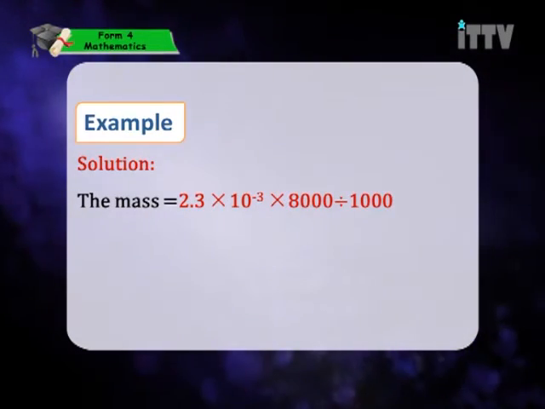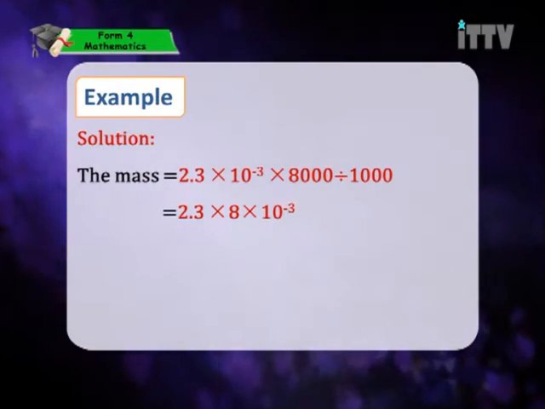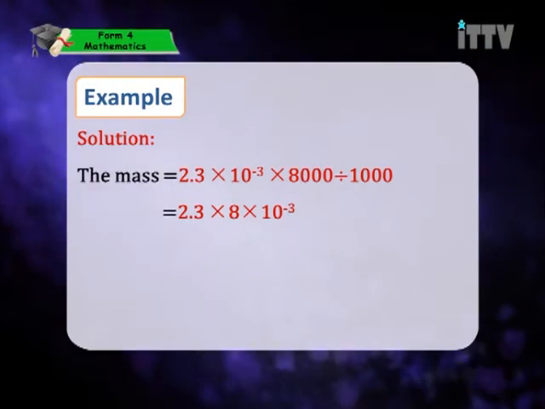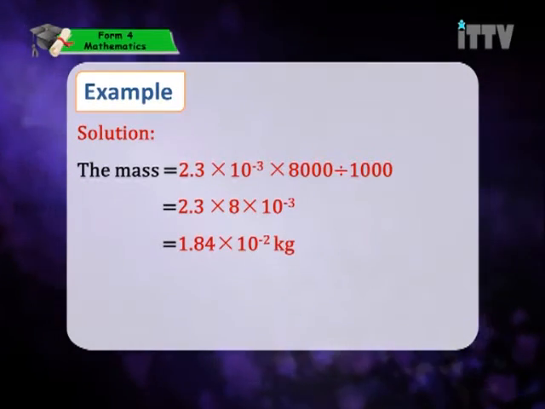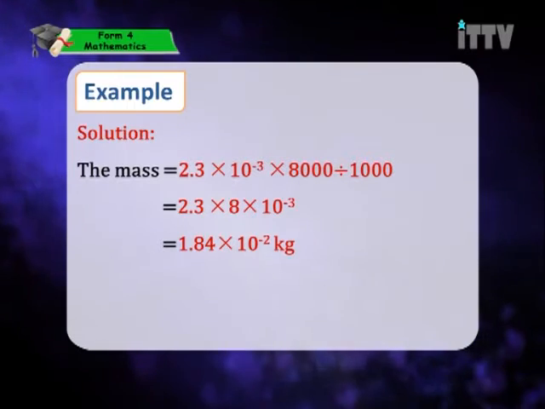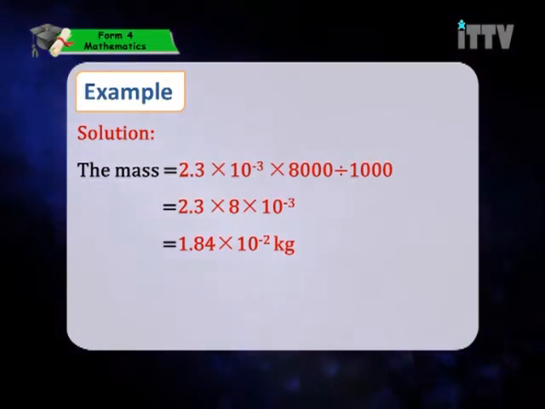So we need to divide it by 1,000. Alright, simplify the calculation according to the BODMAS rule, and the final answer for 8,000 such particles will be 1.84 times 10 to the power of negative 2 kilograms.